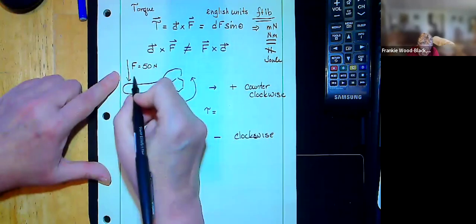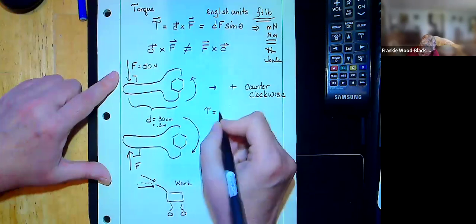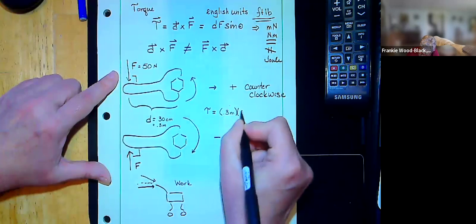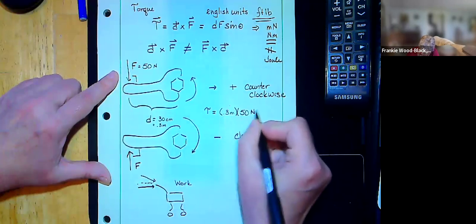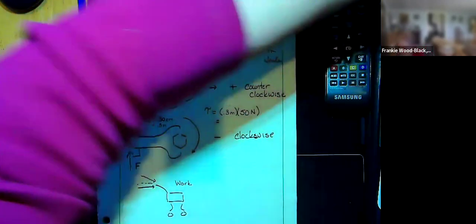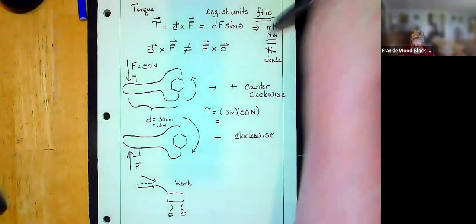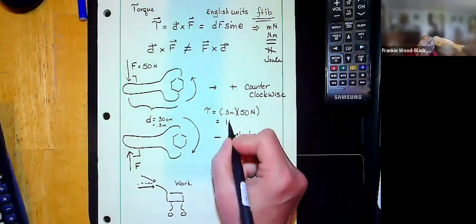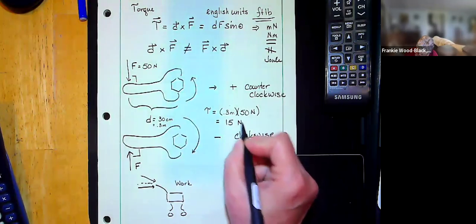Well, since this is at a right angle, we're going to have our 0.3 meters times our 50 newtons. And that's going to equal 15 Newton meters.